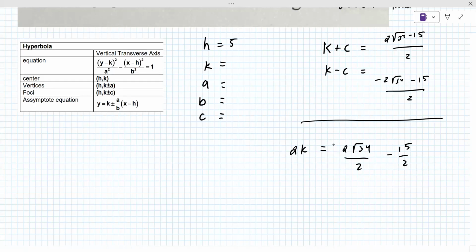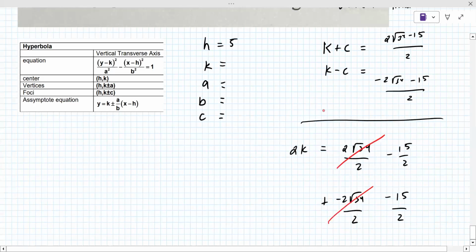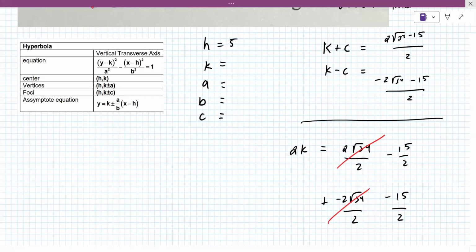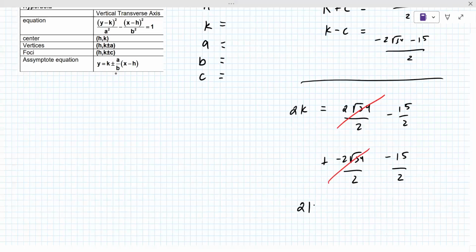And then you're adding negative 2 square root of 34 over 2 minus 15 over 2 on the right. So notice that the roots always cancel, always. Don't have to think of any exceptions to that. And then this 2k equals minus 30 over 2, which is really minus 15. So k is minus 15 divided by 2.